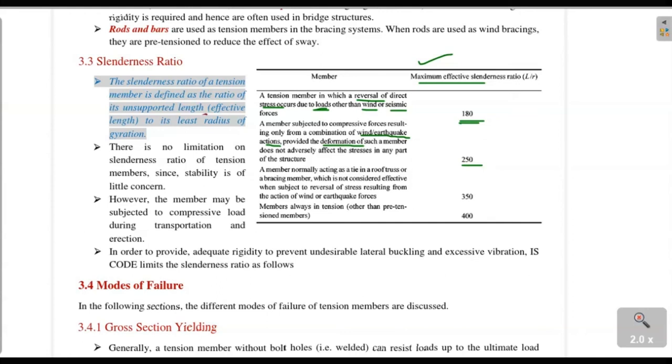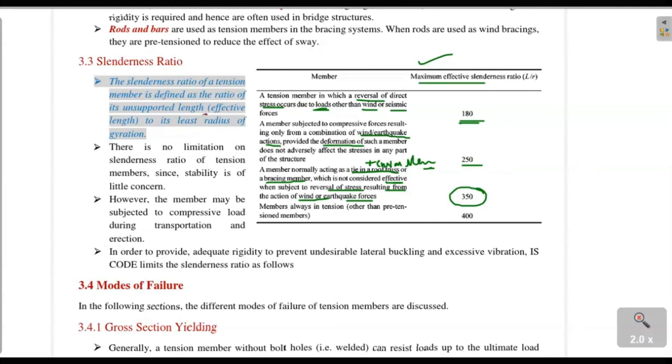A member subjected to compressive forces resulting only from a combination of wind and earthquake actions, provided the deformation of such a member does not adversely affect the stresses, then it is 250. A member normally acting as a tie member in a roof truss, that is as a tension member, or a bracing member, which is not considered effective when subjected to reversal of stresses resulting from wind and earthquake, the slenderness ratio is limited to 350.